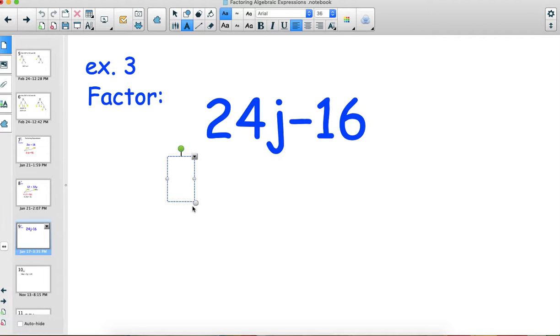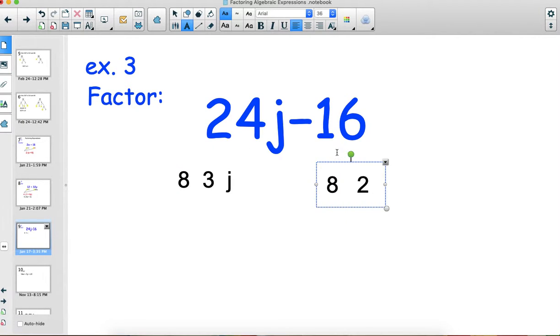All right, so I'm back now. You had a chance to try it on your own. I'm going to say the greatest common factor of 24j and 16 is going to be 8. Because it's 8 times 3 times j, and this would be 8 times 2 to get 16.